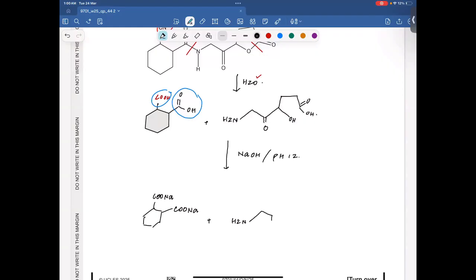This ketone will remain as it is. This OH will remain as it is, and this COOH will turn to salt. Okay, so these are the two products examiner is looking for.